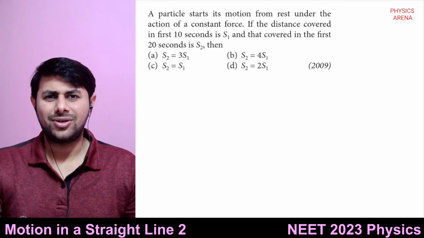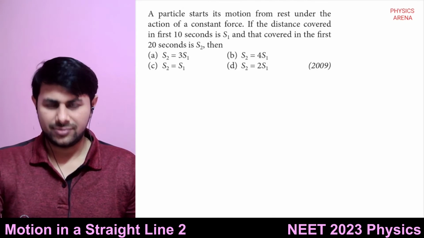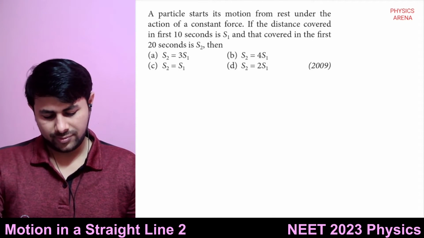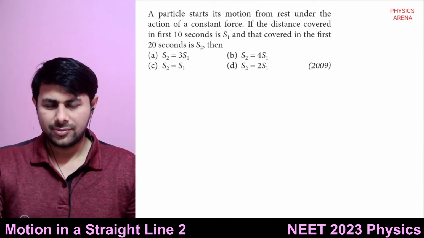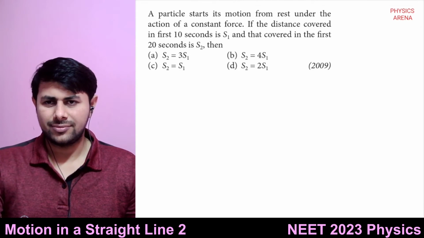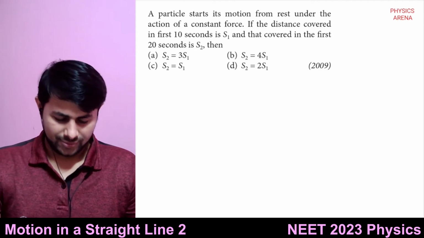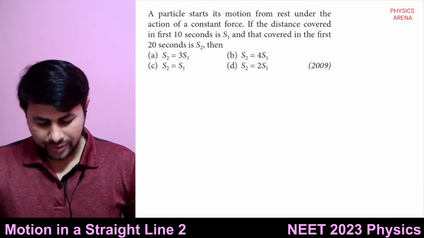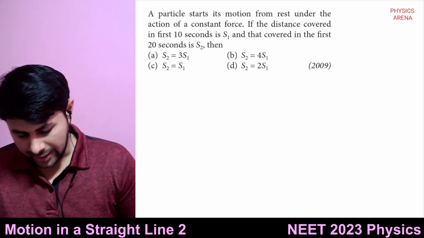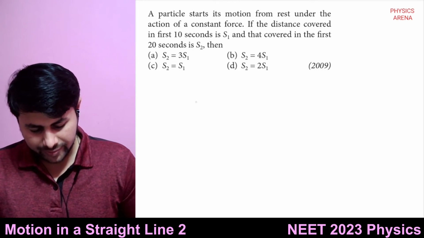Apply Galileo's law of odd numbers. 1:3. Yes, sir. 1:3. Okay.